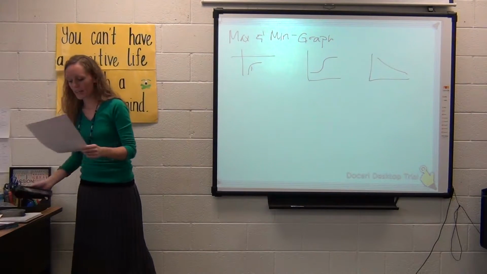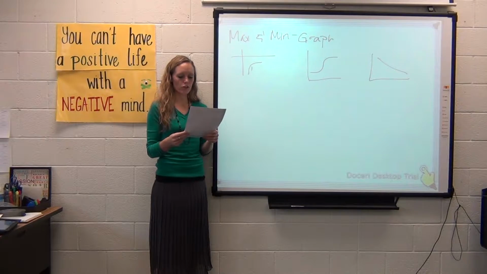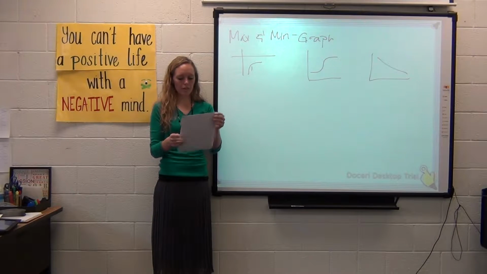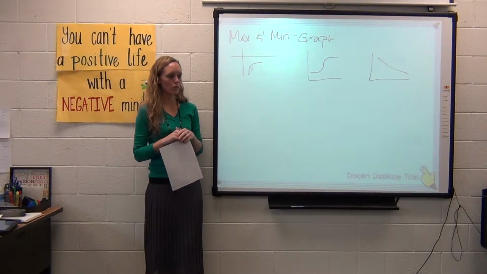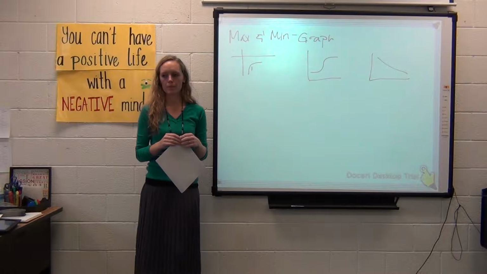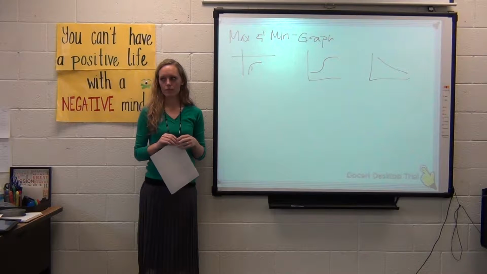Okay, and then to eliminate even further, again, we're looking at the graph of the derivative. When is a function concave up? We want to know that it's increasing and concave up. When is a function concave up? The tangent lines are below.